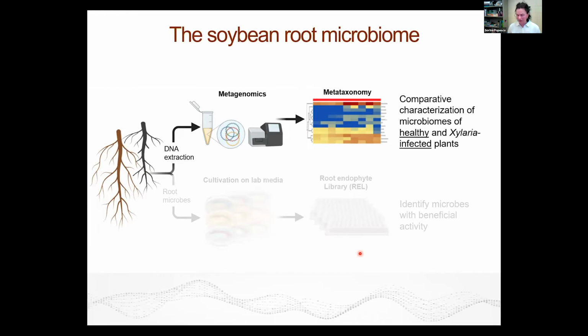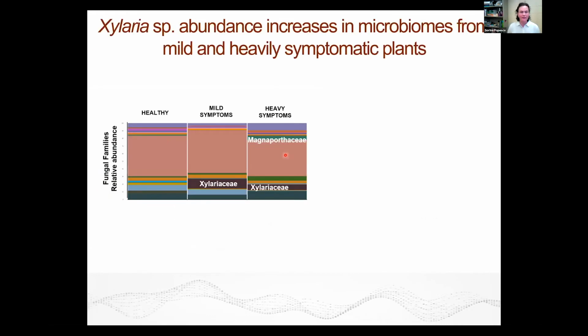So let me show you now some of the results that we got from this first set of experiments on metagenomics. What you see in this graph is basically fungal families, the way they were identified by the metagenomic analysis in the healthy plants, plants with mild symptoms and plants with heavy symptoms. And all these colors represent a specific fungal family.